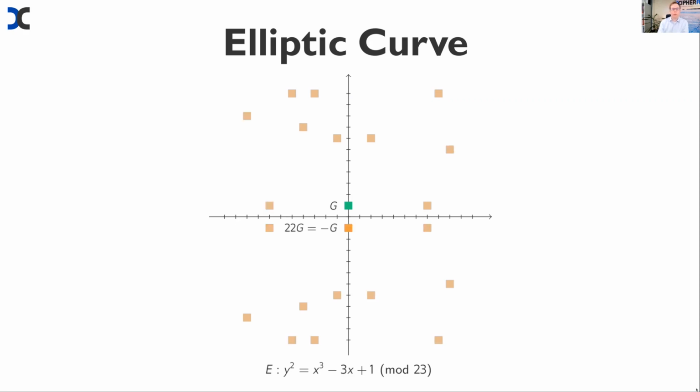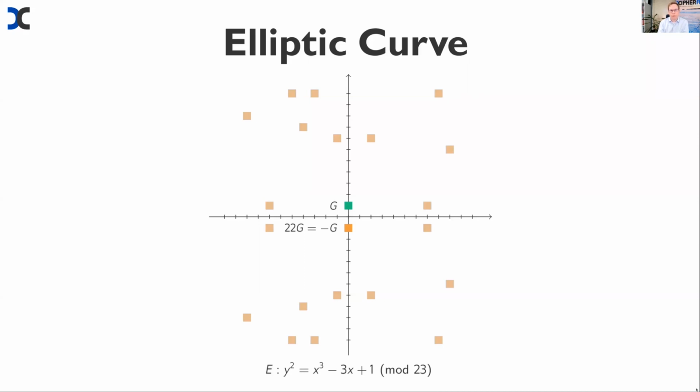And we can continue all the way to the end. So we can go through all these 22 points that we see here on the screen, and then we end up at 22 times G, which is also the negative of the original point G. Now if we would add G plus negative G, then we would end up at the point at infinity.